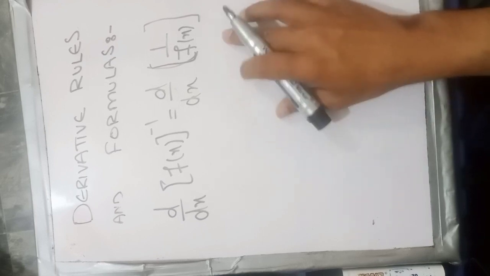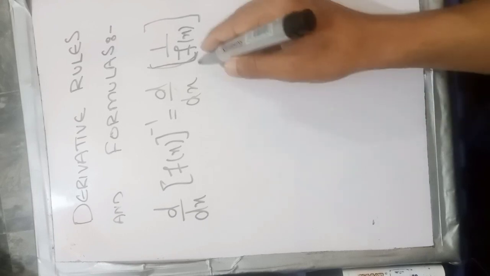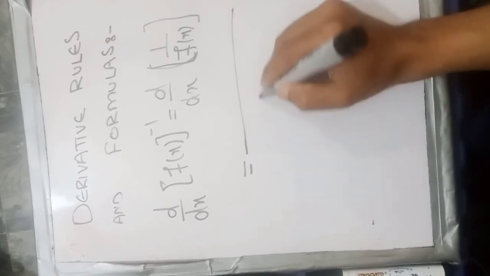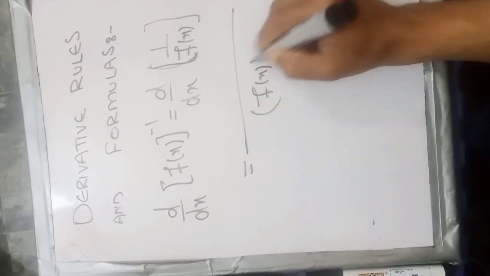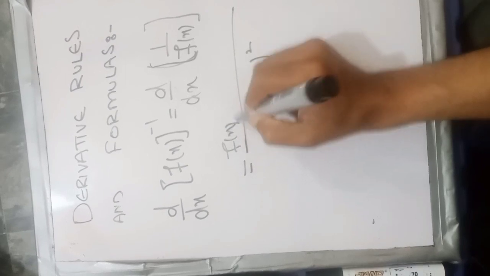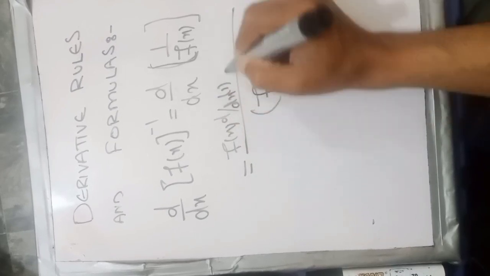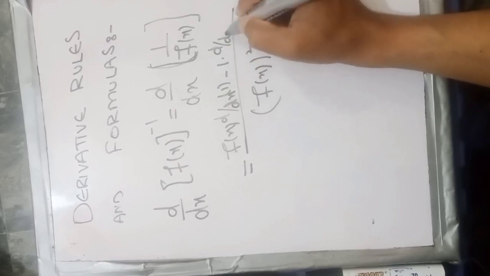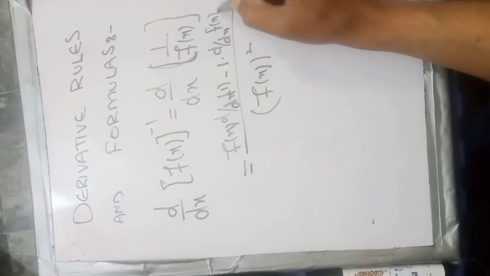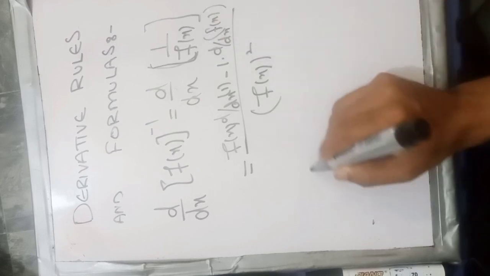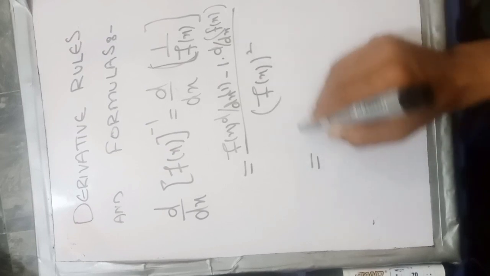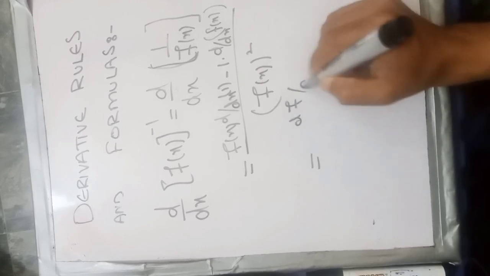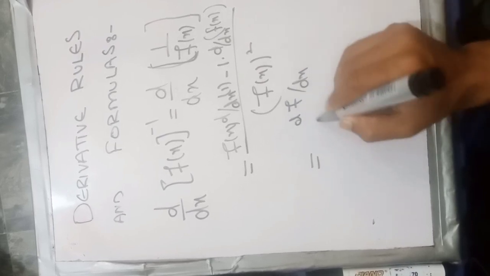You can understand it by taking the quotient formula. f of x square, f of x as it is, derivative of 1, minus, now 1 as it is, derivative of f of x.